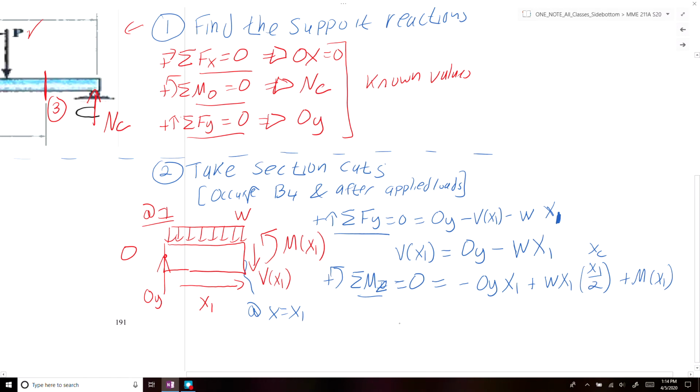So if we rearrange and solve for M of x1, we'd end up getting O of y x1 minus w over 2 x1 squared.